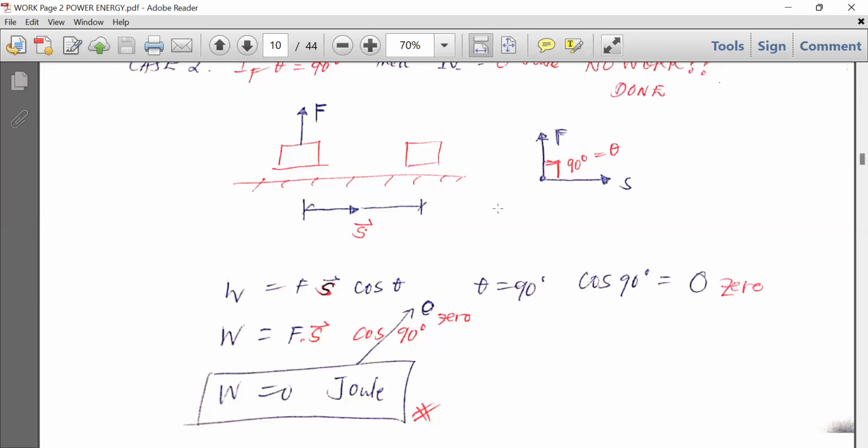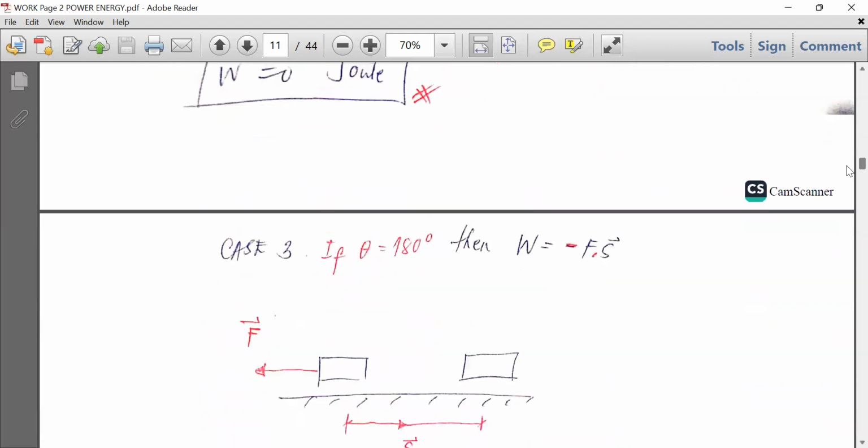You did not do any work on the object, because your force and your displacement are perpendicular to each other. So by definition in physics, no work done, however tired you are. Okay, let's make that clear.